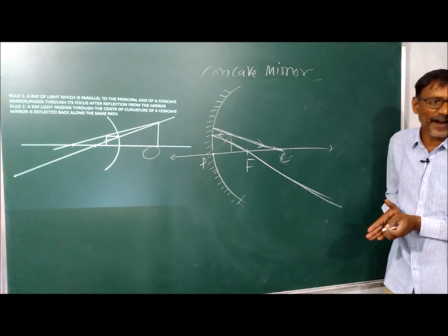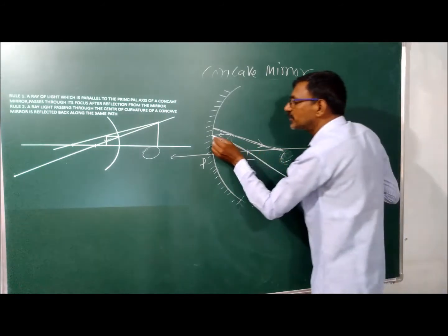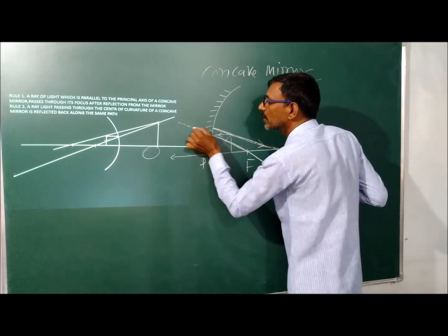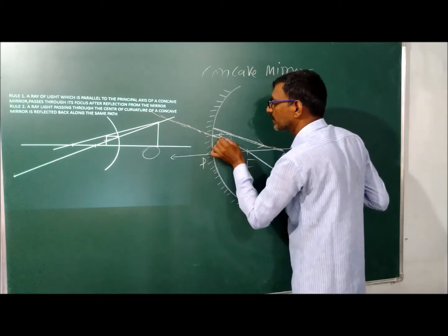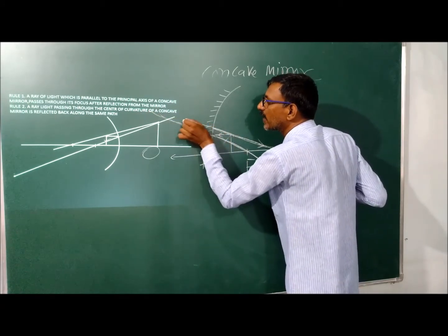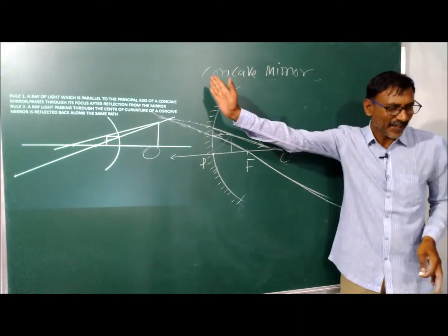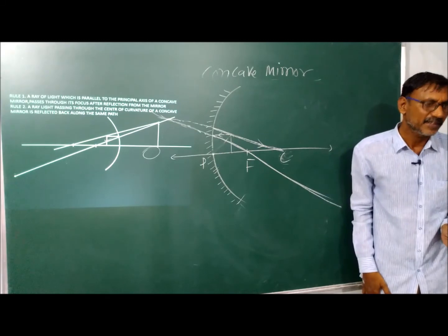But I would like to find the image. See, draw imaginary lines like this, in the same direction. This is my imaginary line, and this is my imaginary line. The light ray never goes that side because we have coated it with silver.